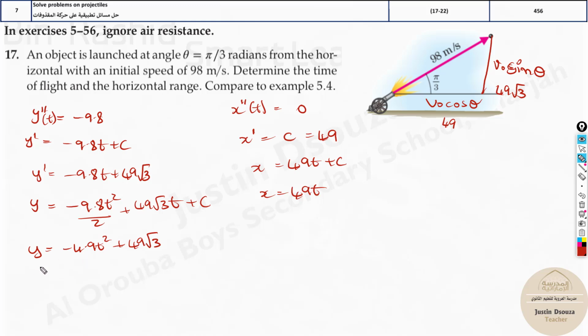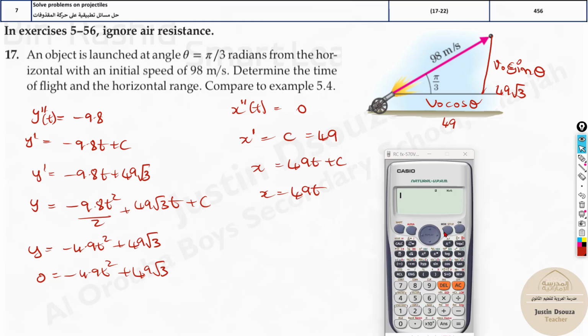Now here, let us equate this to 0 and solve it up. 0 is equal to negative 4.9 t squared plus 49 root 3 t, right? Let's put in the calculator and find the t values. Here it is mode, 5, and 3 quadratic. It's negative 4.9. Then we have 49 root 3.